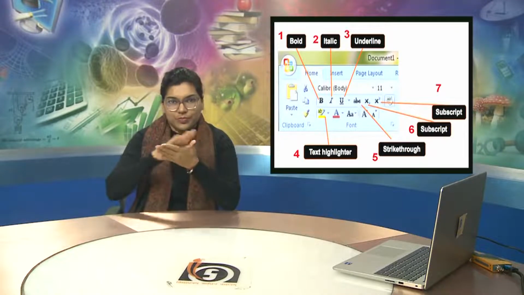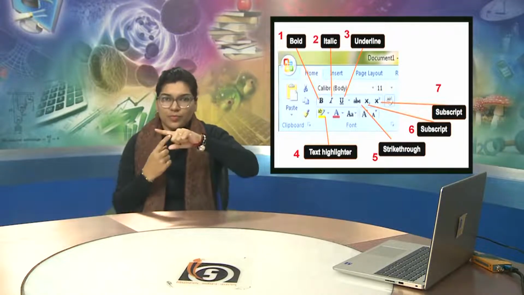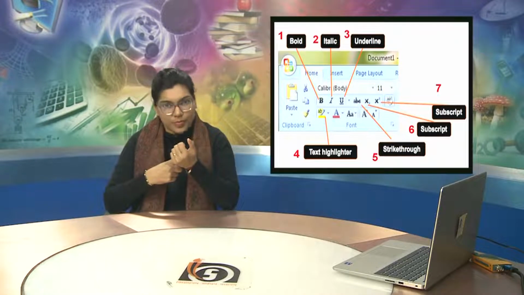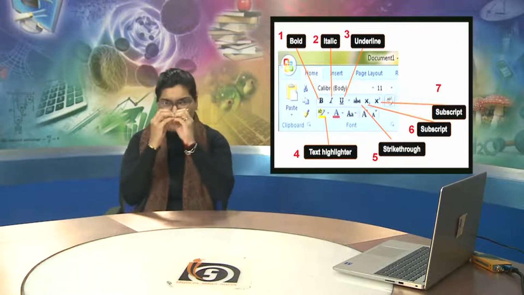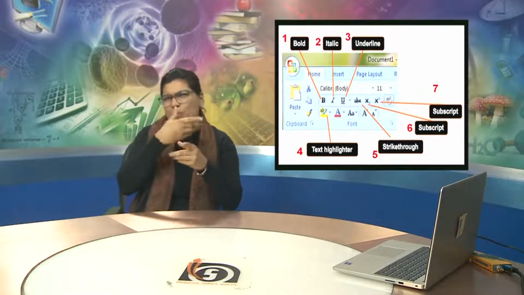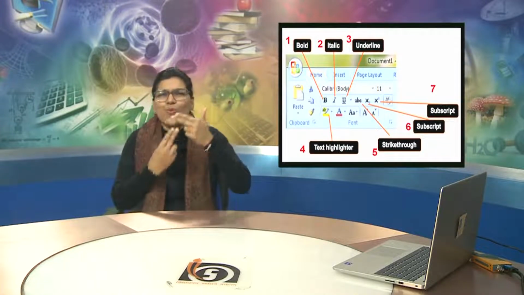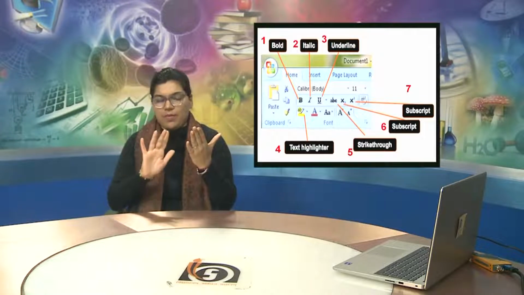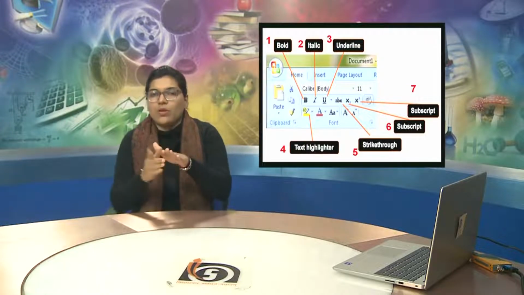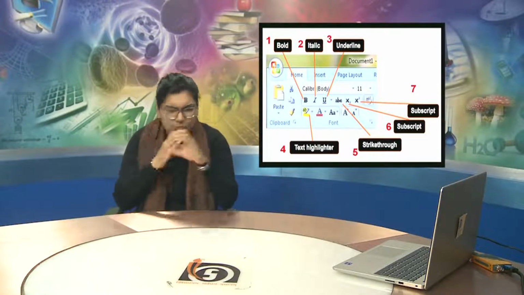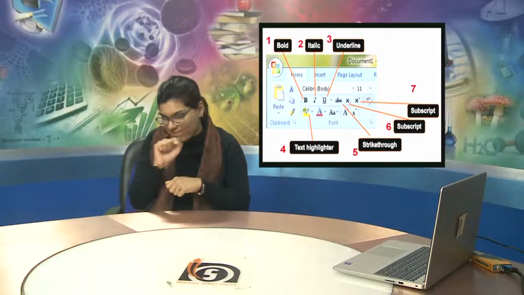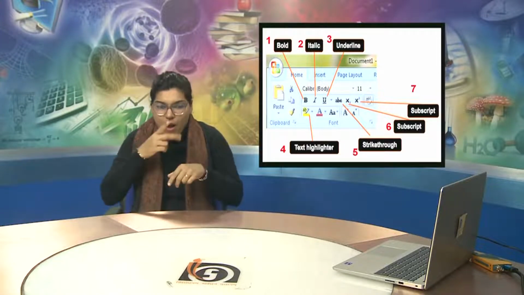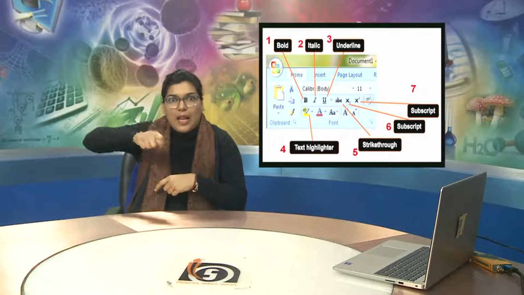Fourth, text highlighter. What does it mean? Whenever you read a storybook, you find some line interesting, you mark them from highlighter.